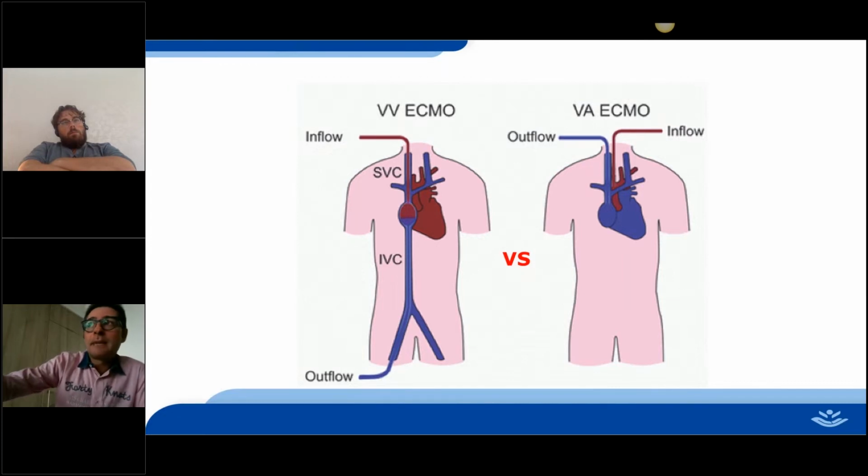On the other hand, VA ECMO is able to perfuse the lung with a more physiologic mixture of oxygen, but the perfusion is reduced, because the perfusion of the lung in VA ECMO is lower than VV ECMO. So these are two things to consider, but for the sake of clarity, in my talk I will speak about the ventilator approach in VV ECMO.